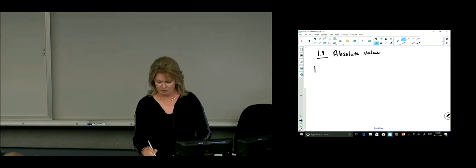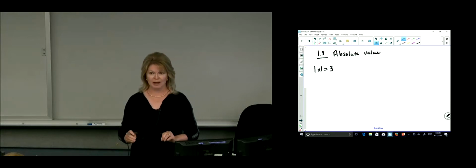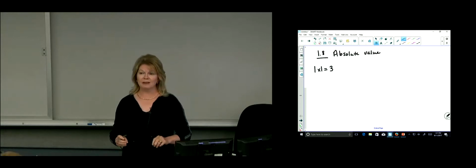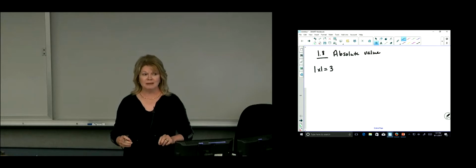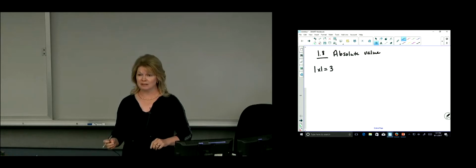The first thing I'm going to do is just use some basic numbers so that we can get a general idea of what we should be thinking and visualizing when we think about absolute value. Absolute value means the distance from 0.